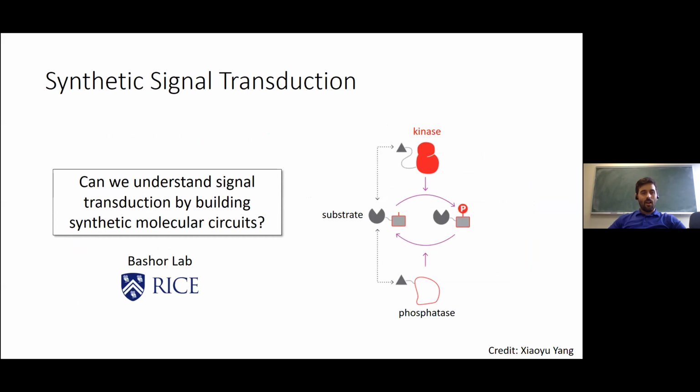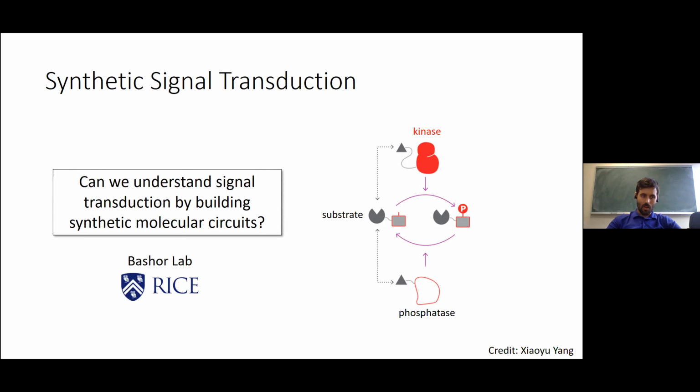But our colleagues at the Bashor lab at Rice decided to take an alternative strategy where instead of trying to map out all the pieces of existing pathways, they wanted to see if they could understand such pathways by building their own, and more specifically by creating synthetic versions of some of the molecular circuits that are involved in these pathways.